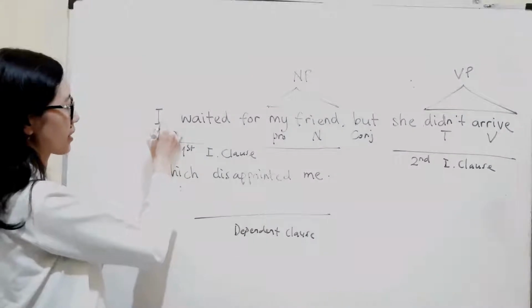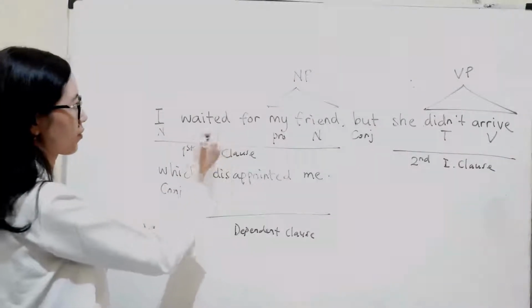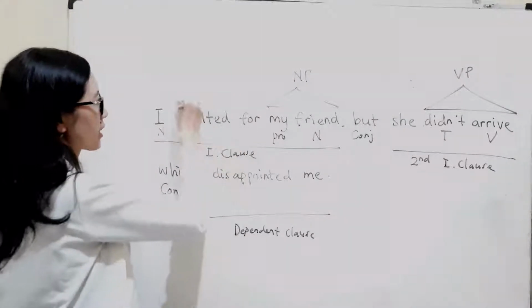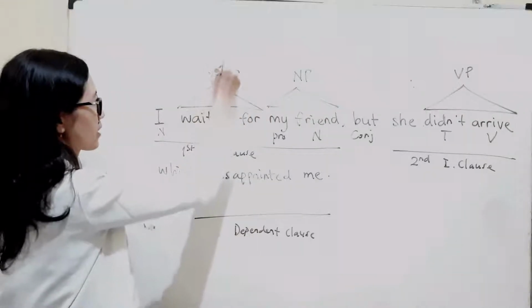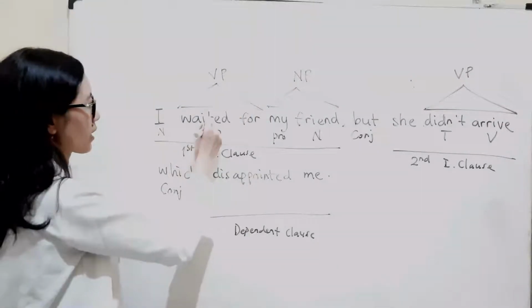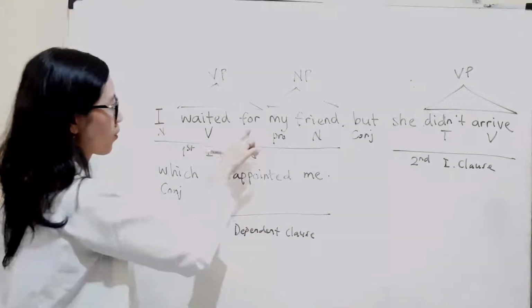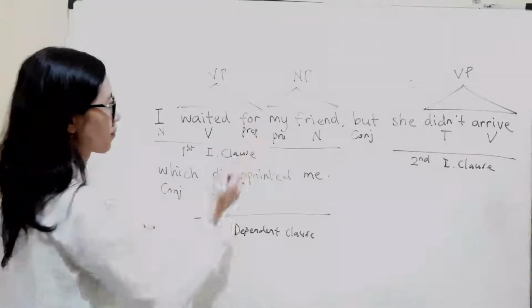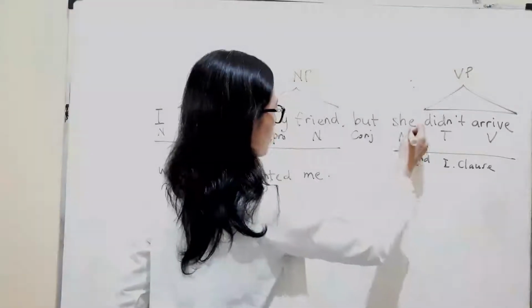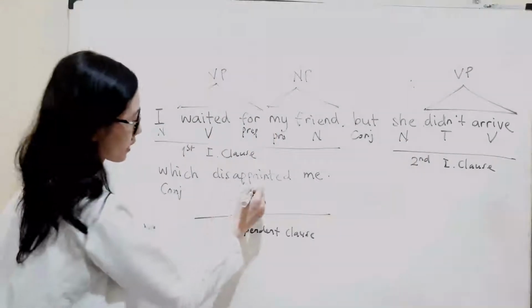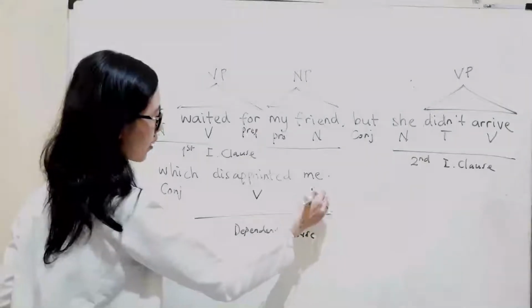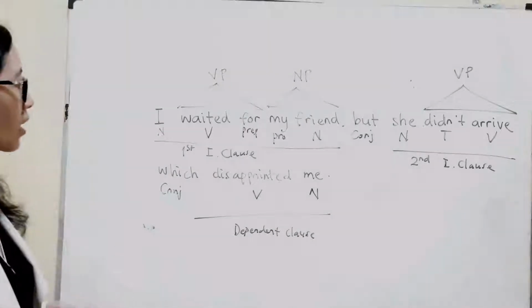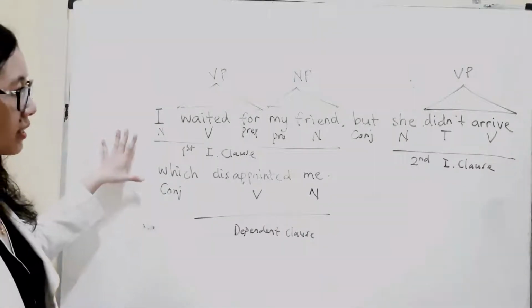I is the noun, waited for is the verb phrase, waited is the verb, for is the preposition, she is the noun, disappointed is a verb, me is the noun. Okay, this is a complex compound sentence.